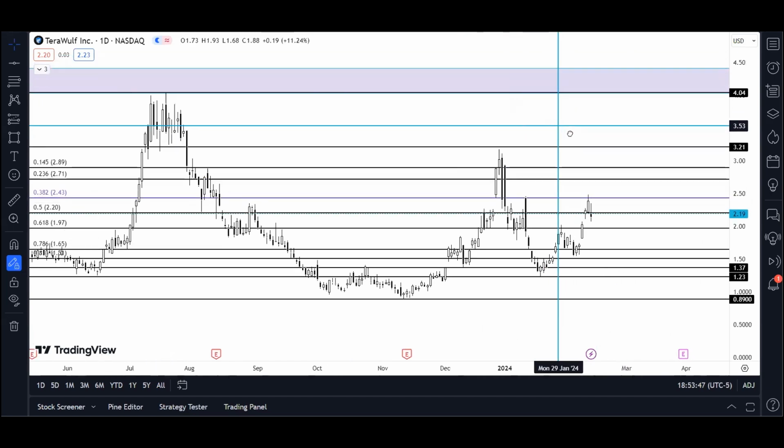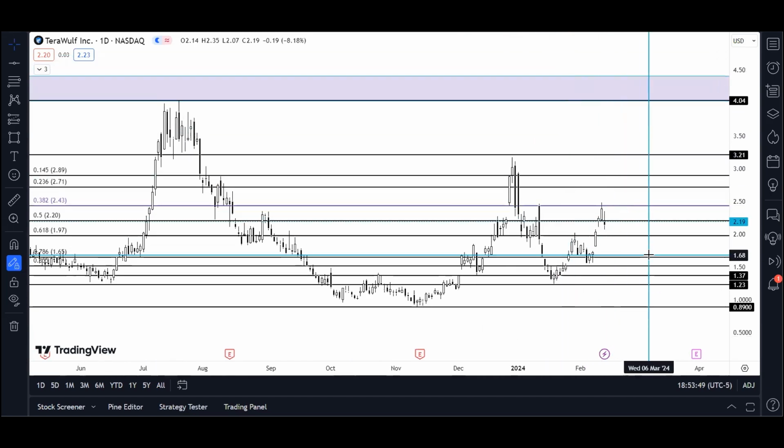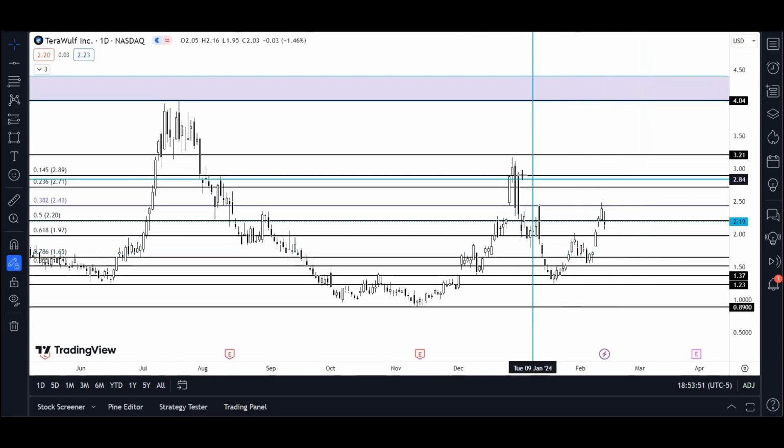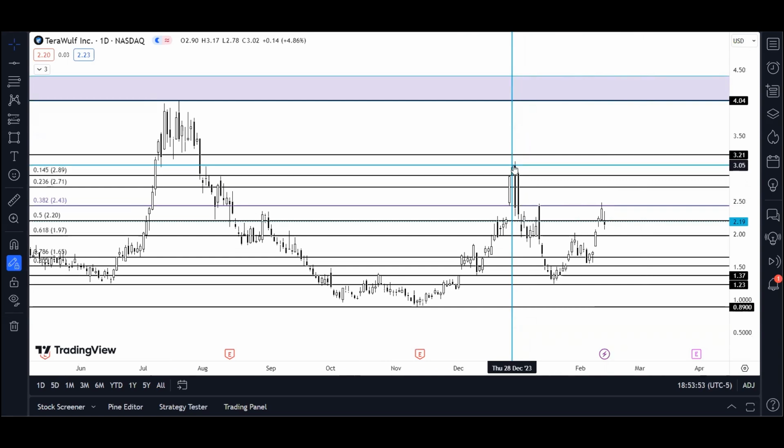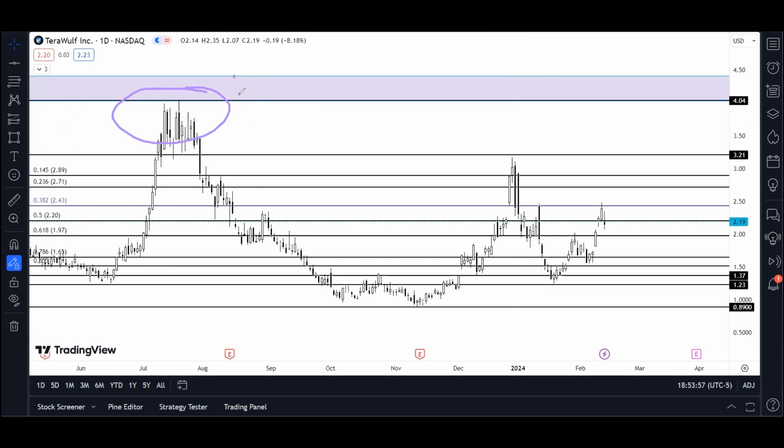As of right now, the most relevant lines I think are going to be the 240, 250 range, 318, 320, and then pretty much the top here at $4. So $4, let's say 320, and then again, let's call it 250. Okay. 250, 320, 4 is the next big checklist here for Wolf.